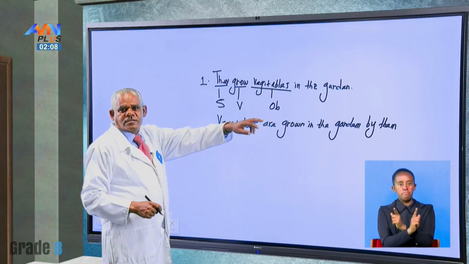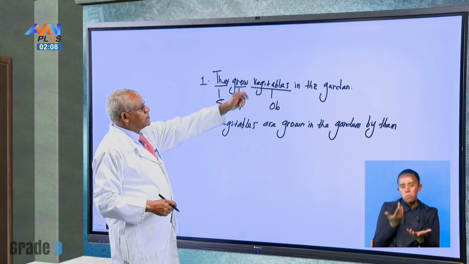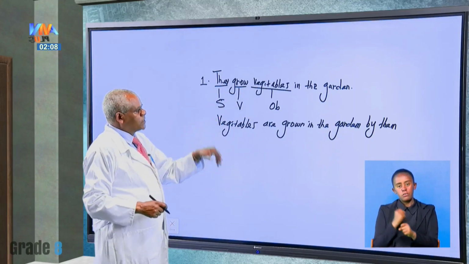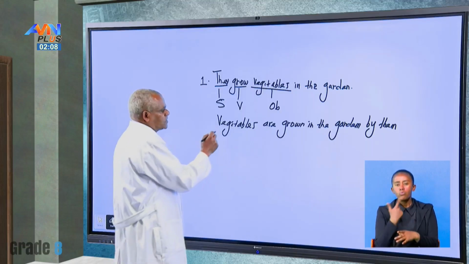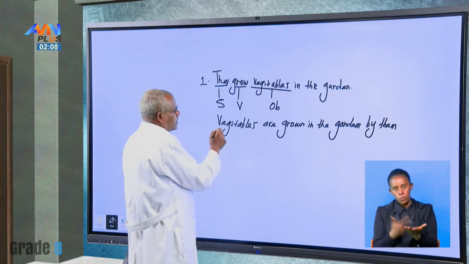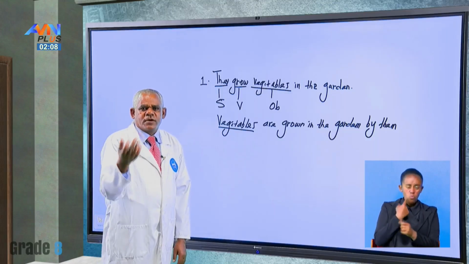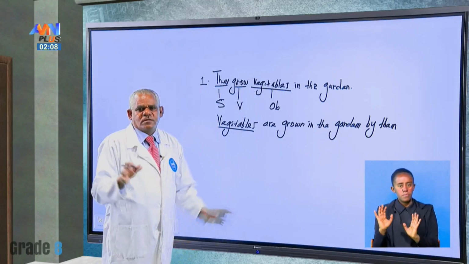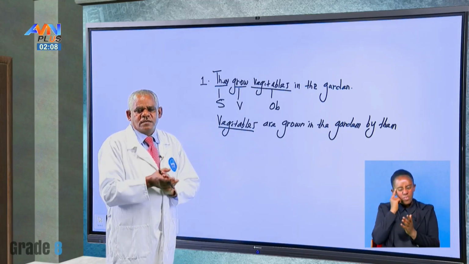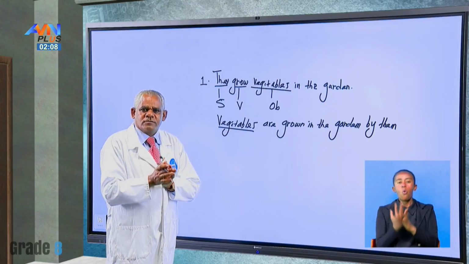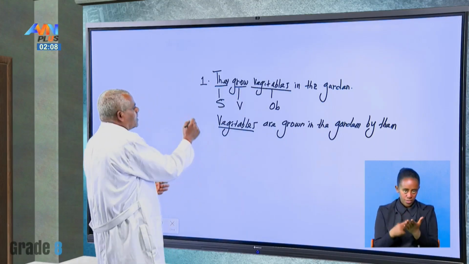Our concern is not the doer of the action, rather the action that is taking place. So vegetables are grown in the garden by whom? We don't care. We don't mind who is growing those vegetables. It's not our concern. Our concern is whether the vegetables are properly grown in that area or not. That's why it is a passive form.